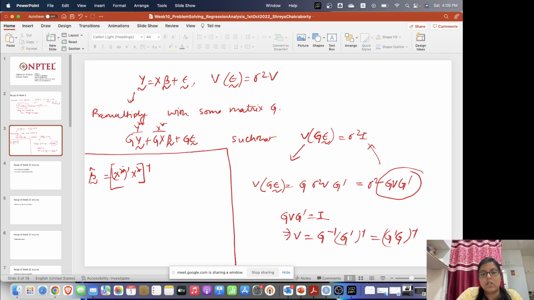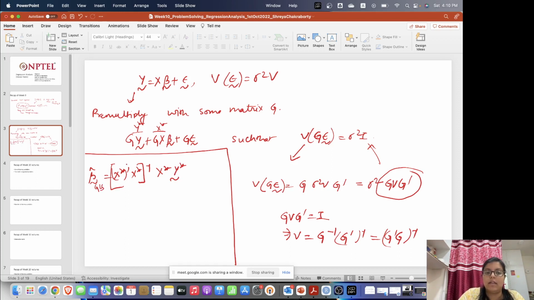So we can plainly use the OLS formula on the transformed matrices, X star and Y star, and we would have something like this as our beta GLS estimates.